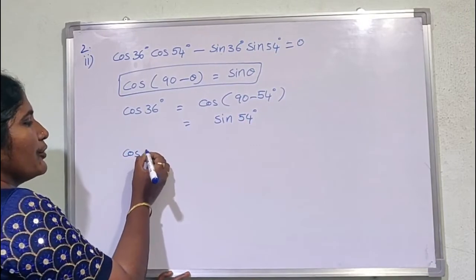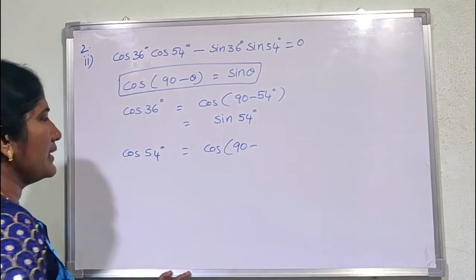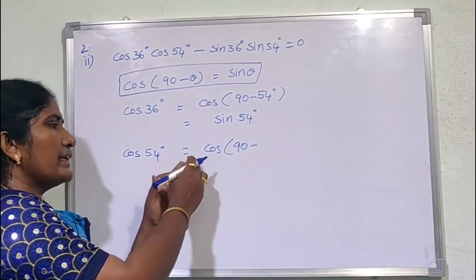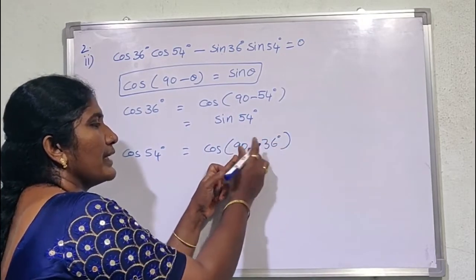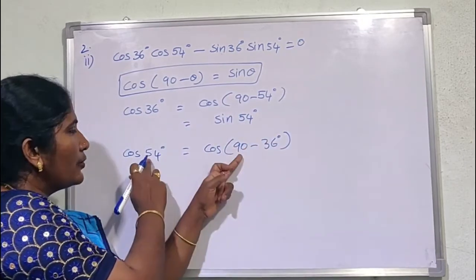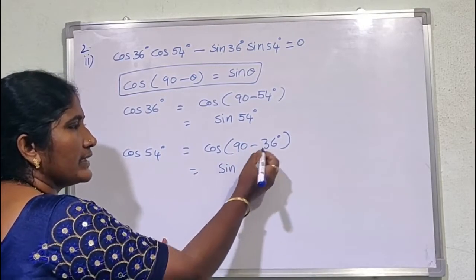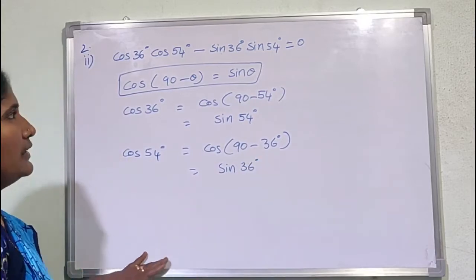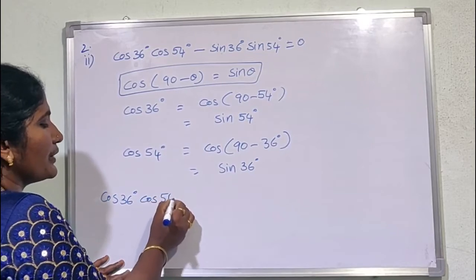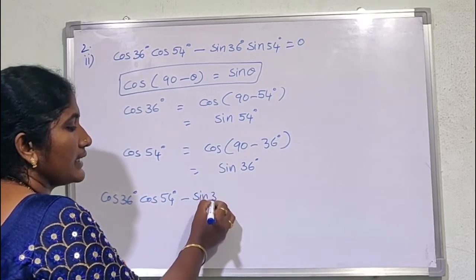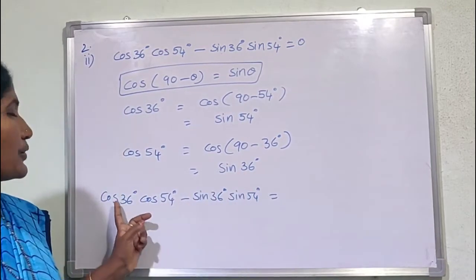Same, cos 54 can be written as cos 90 minus 36. If you subtract 36 from 90, we can get 54, which is equal to cos 90 minus theta, sin 36 degrees. Now what is the question? Cos 36 degrees cos 54 degrees minus sin 36 degrees sin 54 degrees is equal to, substitute the values.